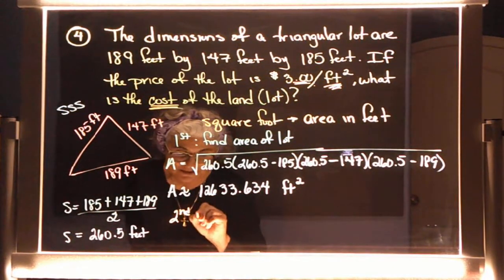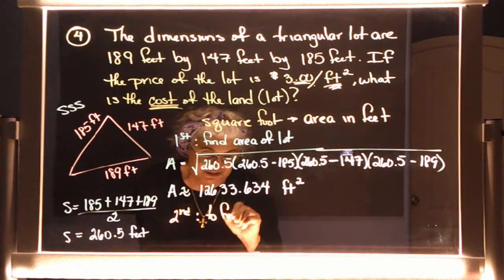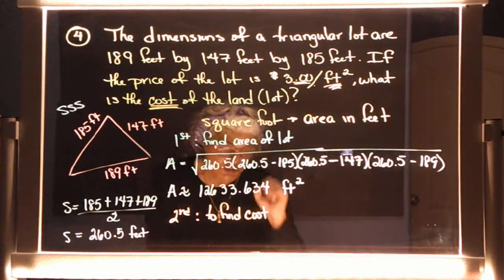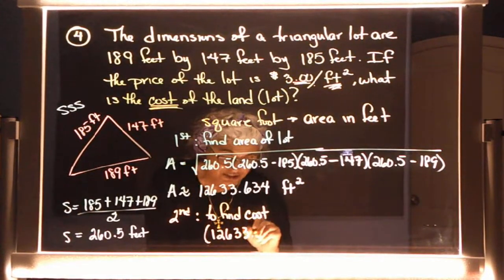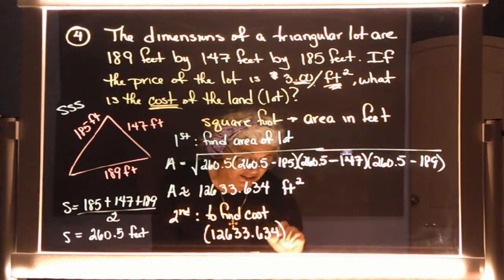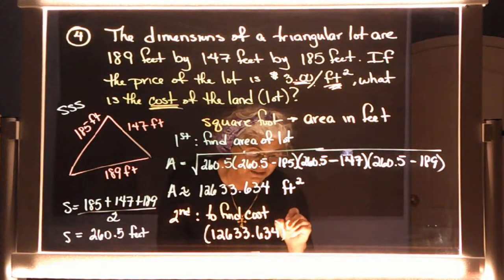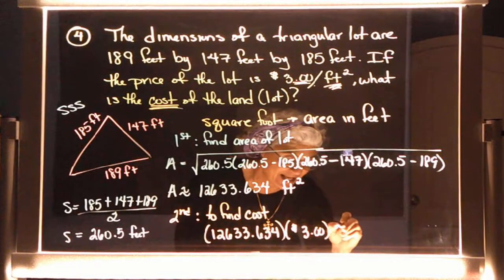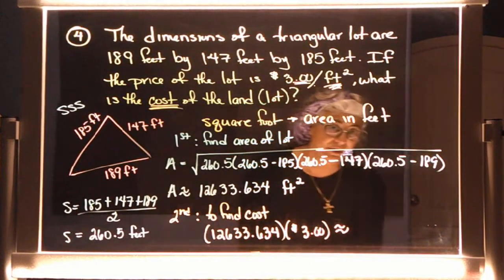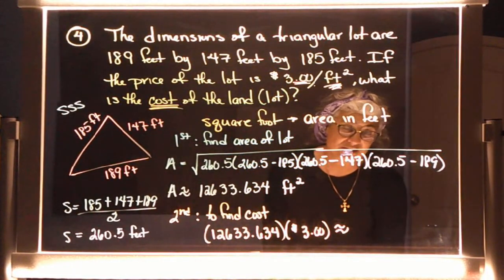So second, to find the cost, you're going to take that number that's in your calculator. Again, don't get rid of it. Don't round it. And you're going to multiply it by that $3, aren't you? When you do that, do I really need to tell you how many decimal places to round?